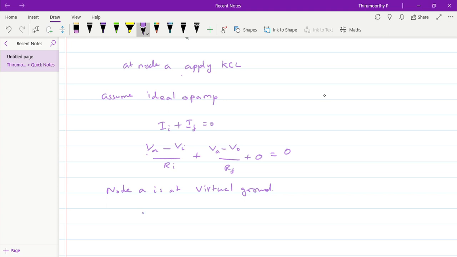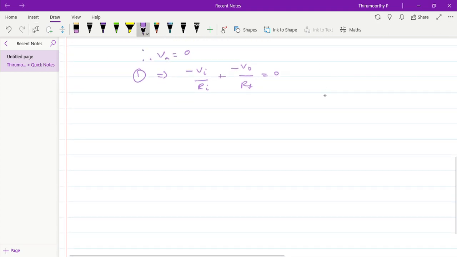Therefore, Va is equal to 0, which implies, if you substitute in expression number 1, minus Vi by Ri plus minus Vout by Rf is equal to 0. Therefore, Vout by Rf is equal to minus Vi by Ri.